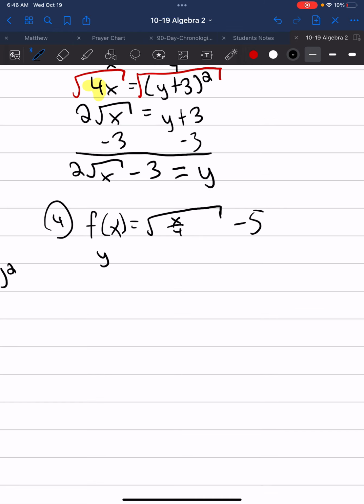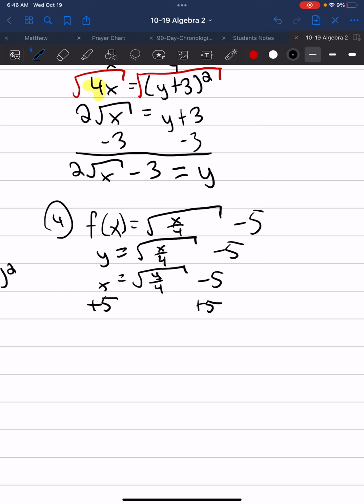So don't even need to say anything for these two steps. Okay, just switching them. Now, here's the weird thing, right? So I add 5 on both sides. Okay, pretty simple. But now that I've got the square root by itself to where I can take care of it, I do the same steps, right?